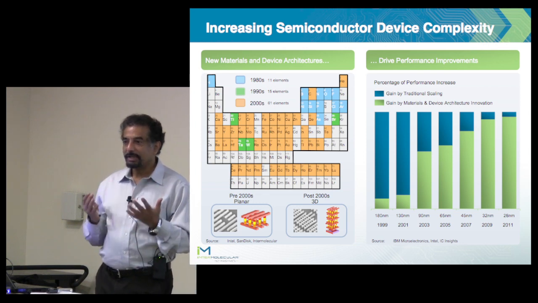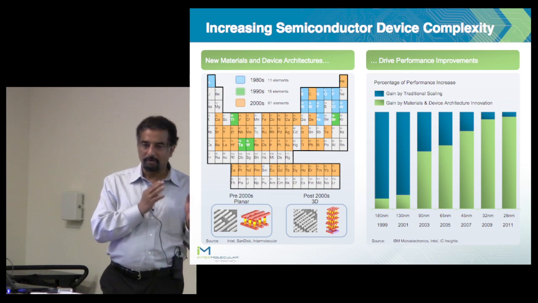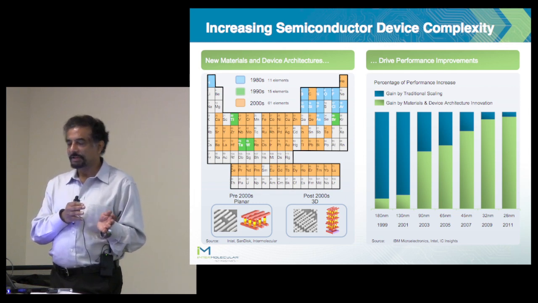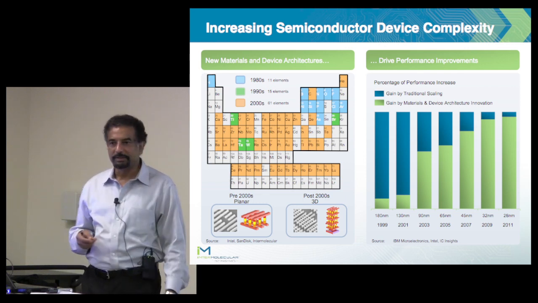So once again, I just want to emphasize, scaling is extremely important. That drives what you call Moore's law, but materials is what is allowing the scaling to continue by providing the enhanced performance that is needed.